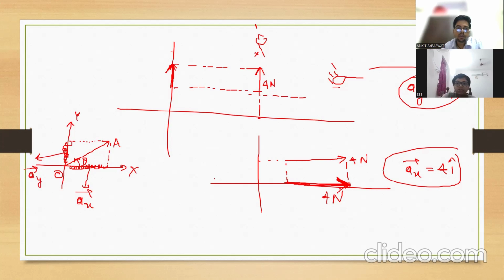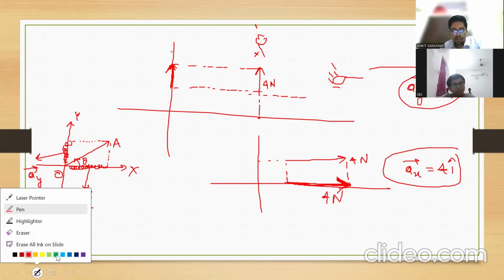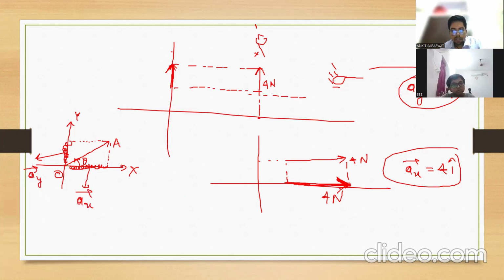I have written Ax, vector, and Ay. Now I will explain. Please tell me, if I increase this theta, for example from 0: if theta is 0, then this OA vector will be like this.